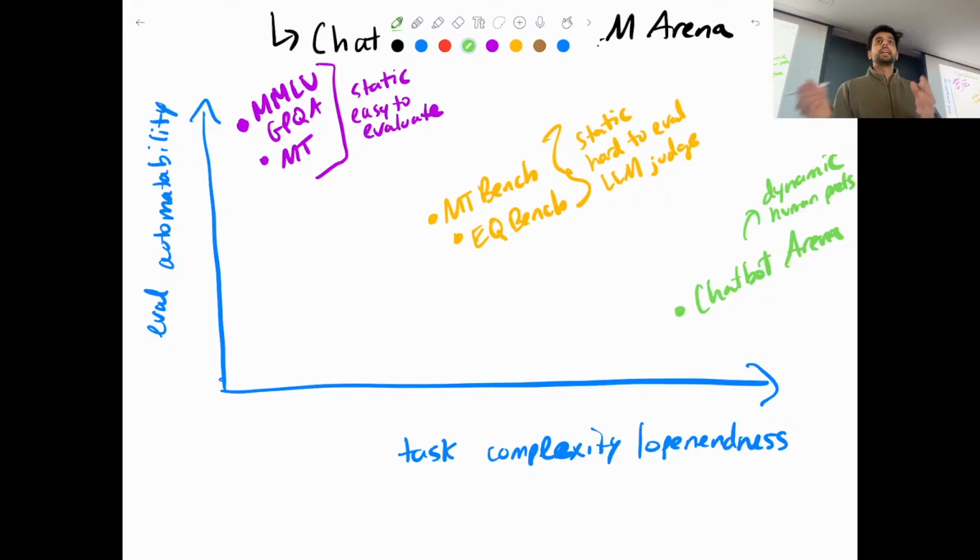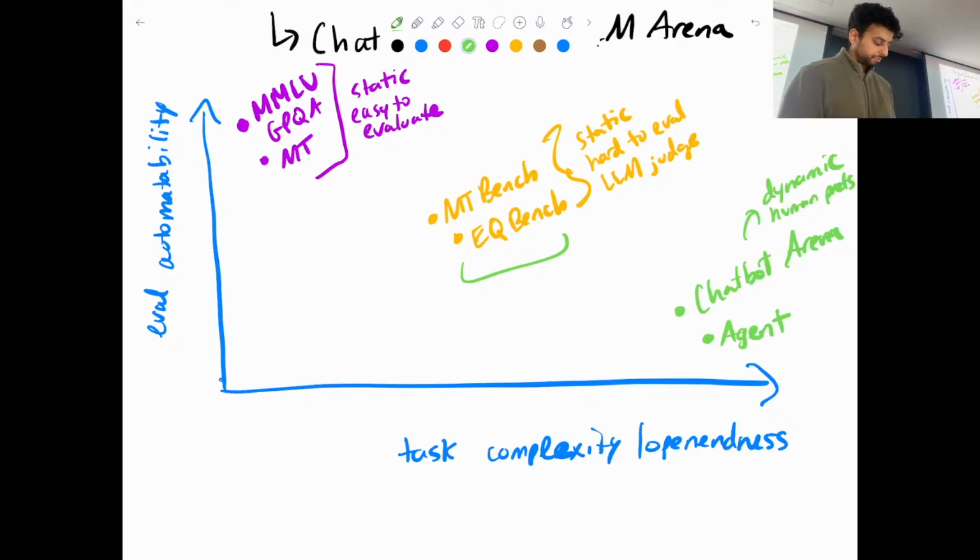There's also many other tasks that are closer to this end of the spectrum that deal with agent evals. So we will talk about those later on. But generally, as the task gets more and more complex, it's more and more difficult to come up with automatic evaluations for those tasks.